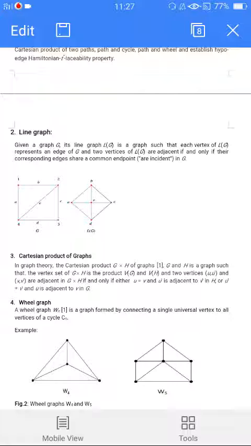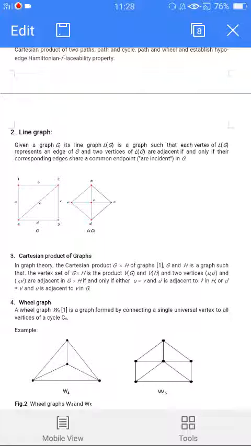It has the vertex set V of G cross V of H. That means if we consider the product of the total number of vertices in G and the total number of vertices in H, whatever number we get, that is the number of vertices in G cross H. Then how do we define the adjacency of vertices?